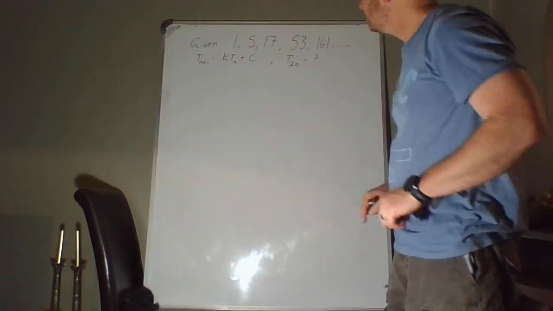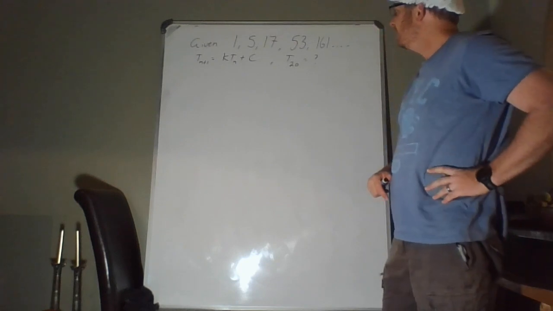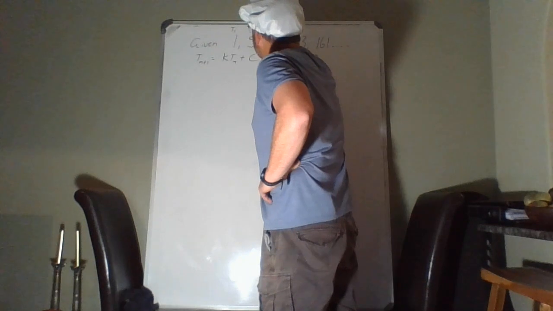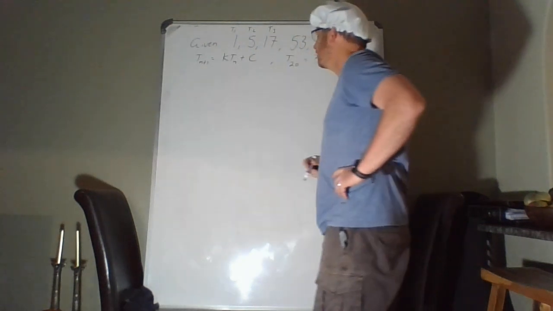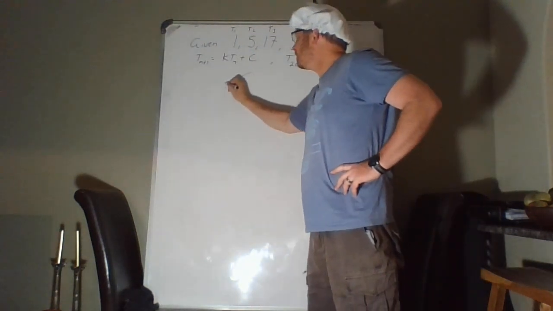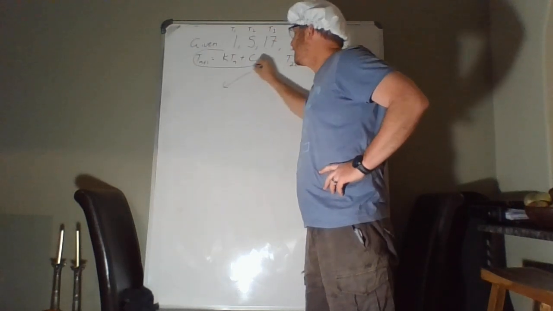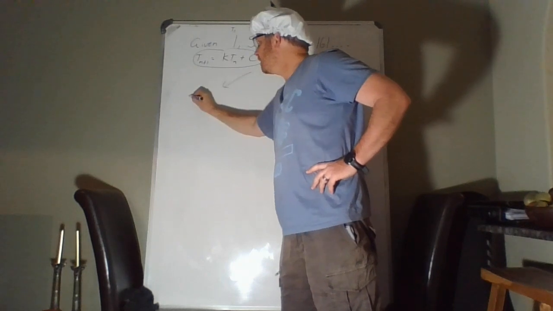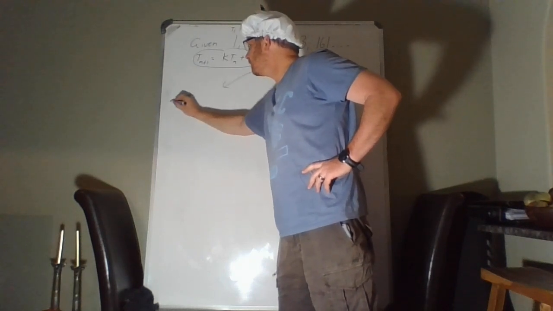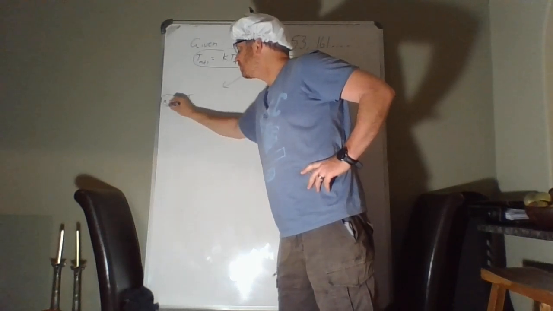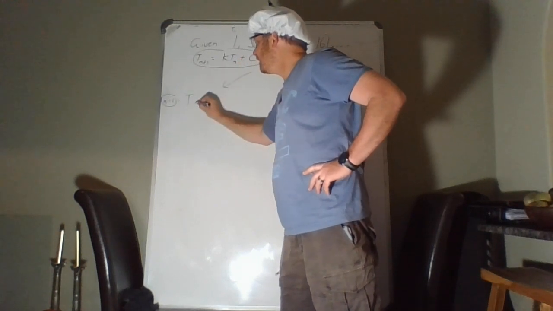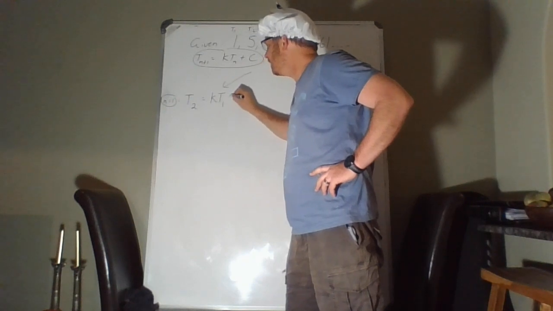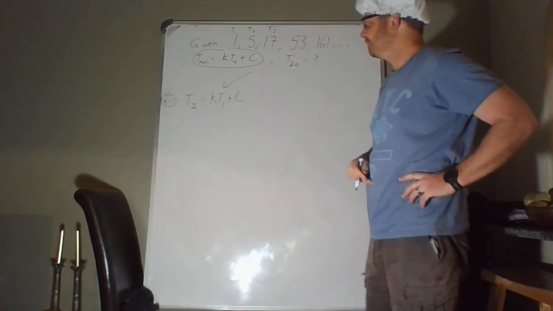Right. So there's a summary of the question. We've got term 1 is 1, term 2 is 5, term 3 is 17. Now we're told that Tn plus 1 is equal to k times Tn plus c. So using that logic, if n was equal to 1, then term 2 will be equal to k times term 1 plus c.